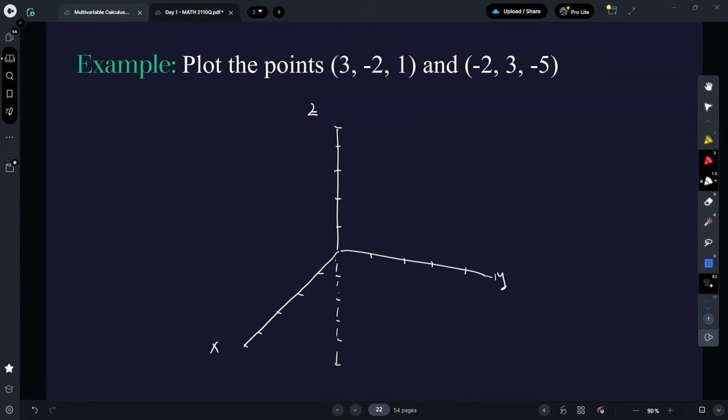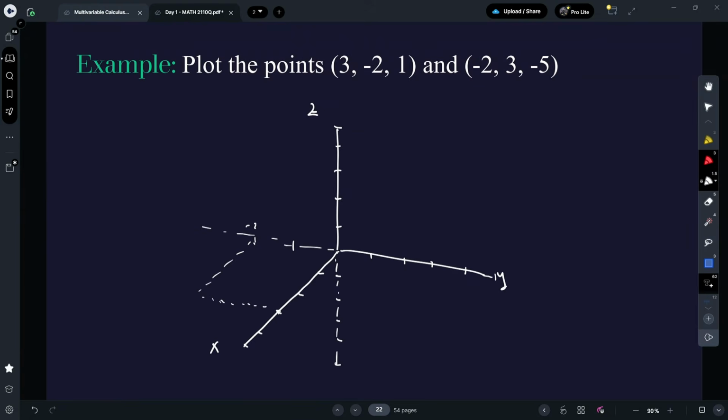So how do we do this? Let's plot the point 3, minus 2, 1. The x-coordinate is 3. It's minus 2 for the y-coordinate. So here is minus 2. So I can go and draw a line, but that doesn't look quite perpendicular. So let's try to do a better job here, like this.